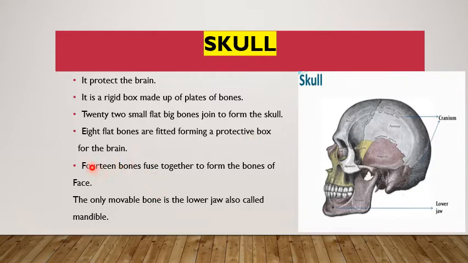But 14 bones fuse together to form the bones of the face. This is face. The only movable bone is in the lower jaw, also called mandible. Or you can say that only the lower jaw is movable. So this lower jaw is called mandible.